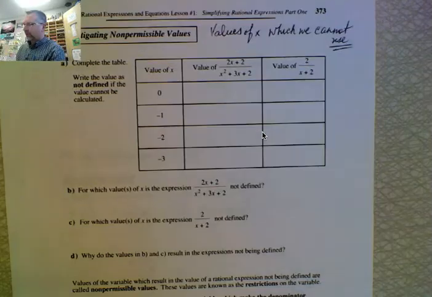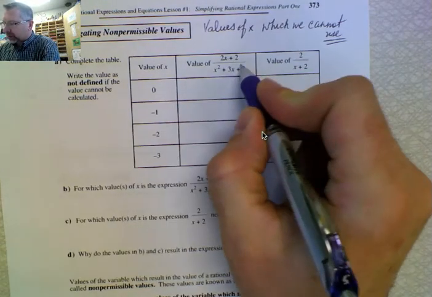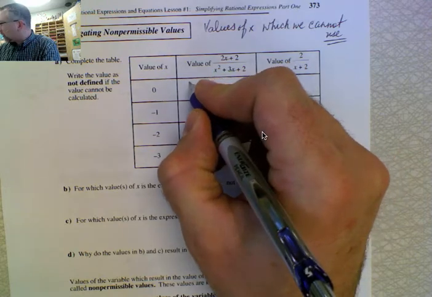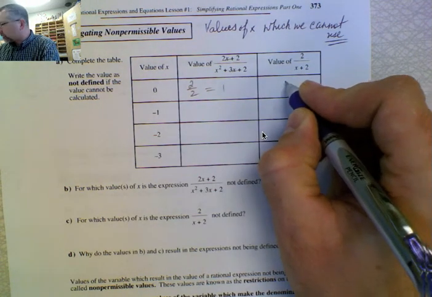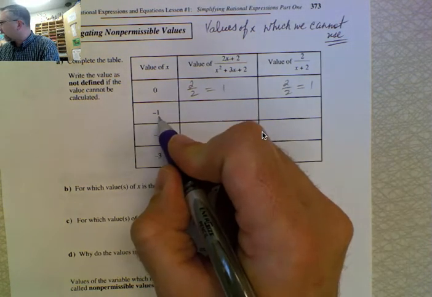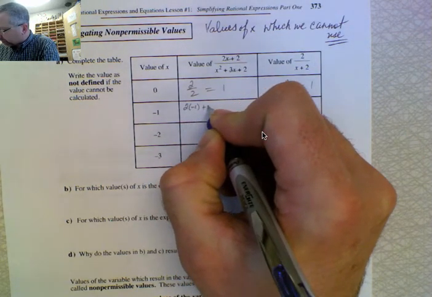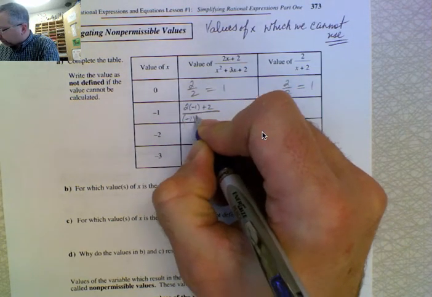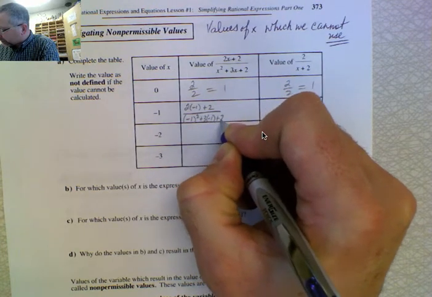And we're going to talk about why we can't use certain values. If we look at 0 and we plug 0 into each of these, we get 2 over 2, which is 1, and we get 2 over 2, which is 1. We get 1 and 1 there. If we plug negative 1 in, that's going to give us 2 times negative 1 plus 2 over negative 1 squared plus 3 times negative 1 plus 2.